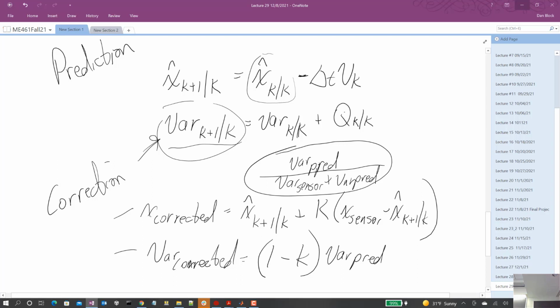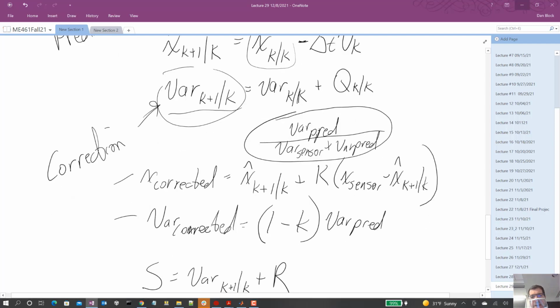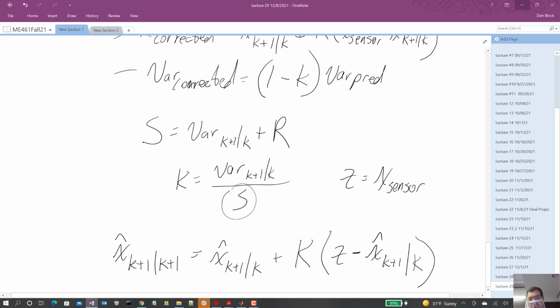And if we never do a correction, this variance is just going to get huge, just building up and up. So we have to update our variance with the trust we have in the sensor reading that we got. Okay, that's very important, otherwise it's not showing the right stuff.